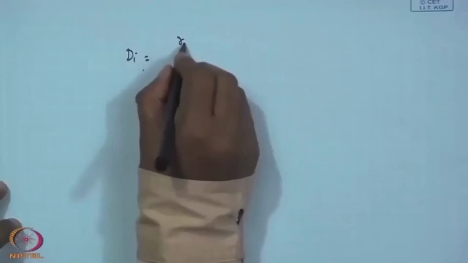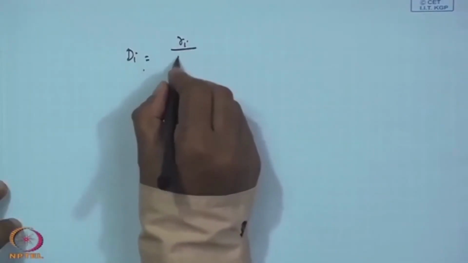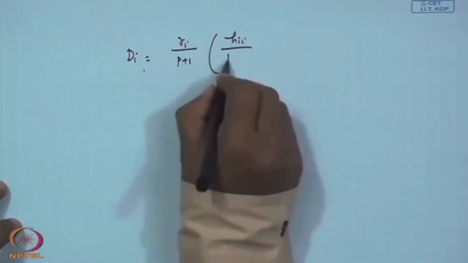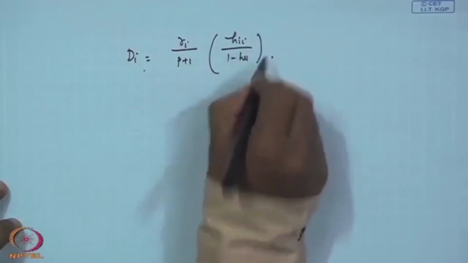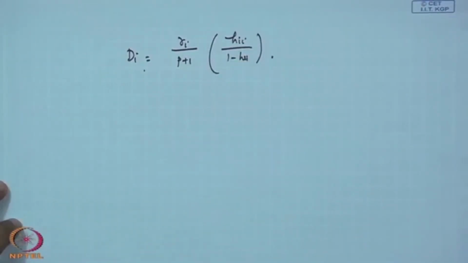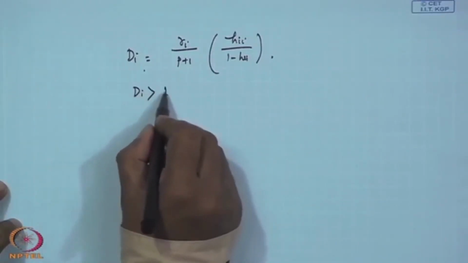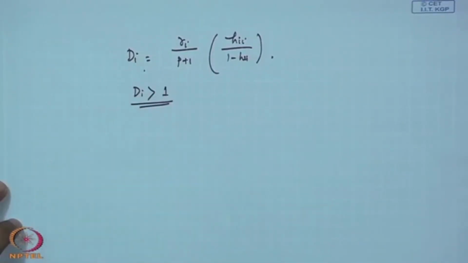Now you can find out Cook's distance. If you go by Cook's distance, we talk about Di, which is Ri squared by (p plus 1) into hii by 1 minus hii. This is your Cook's distance, and its cutoff value is: if Di is greater than 1, this is influential.